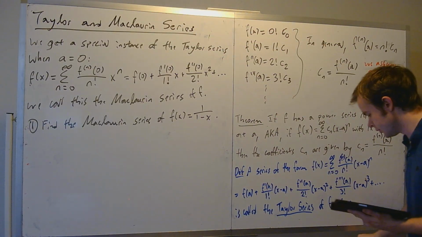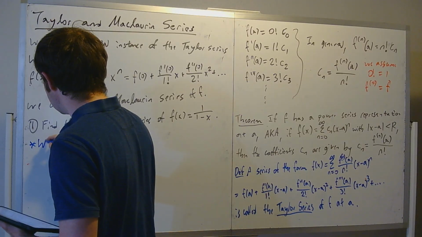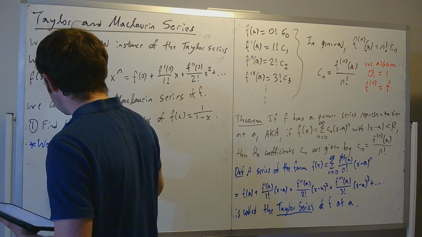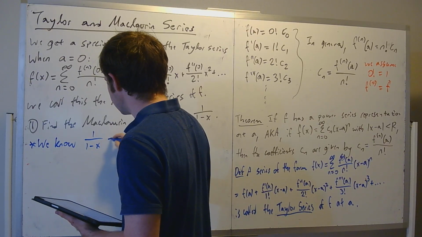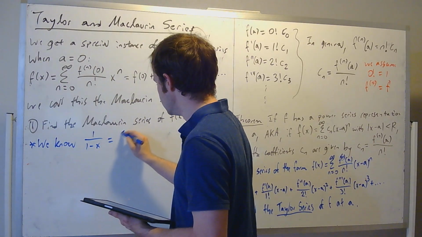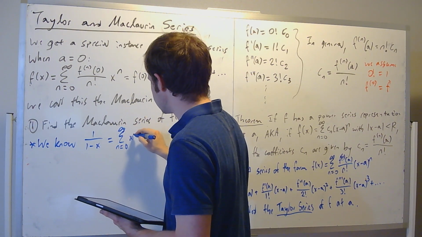Okay, so something to check here is that previously we said that 1 over 1 minus x is actually going to be equal to the sum from n equals 0 to infinity of x to the n.